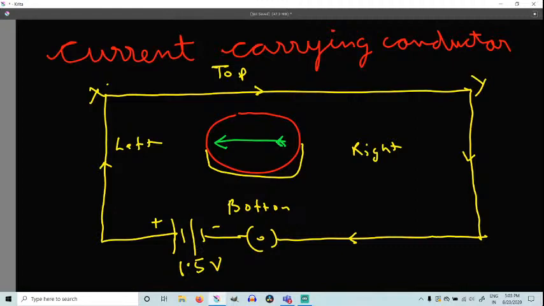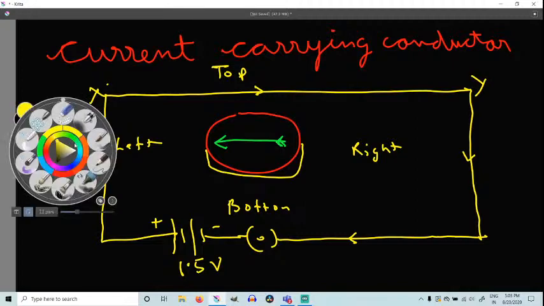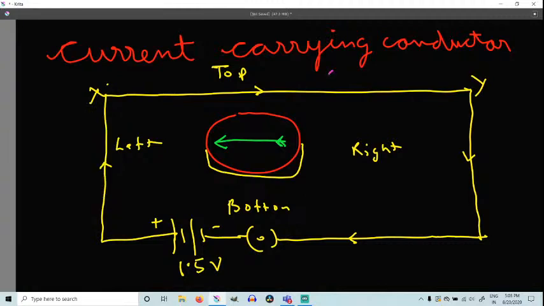So how do I remember this? I remember this by remembering the swimming rule. You'll ask, where did swimming come from here? So what I do is I always imagine a person swimming in the direction of the electric current.